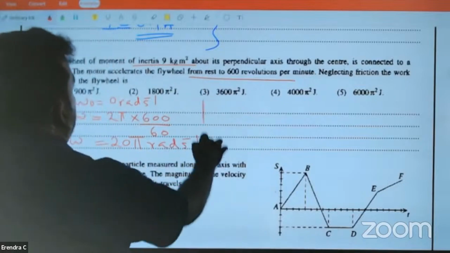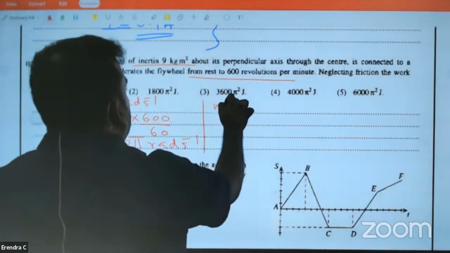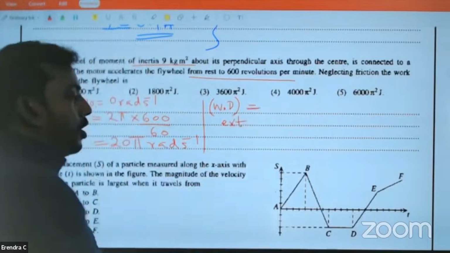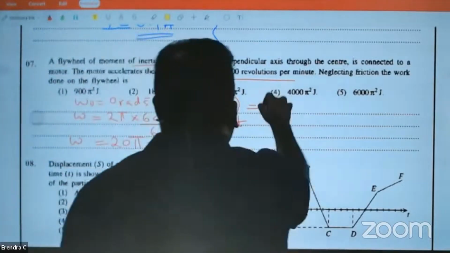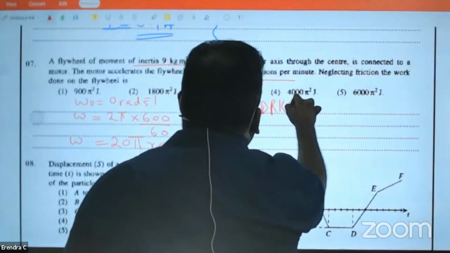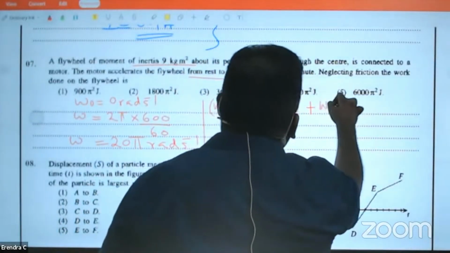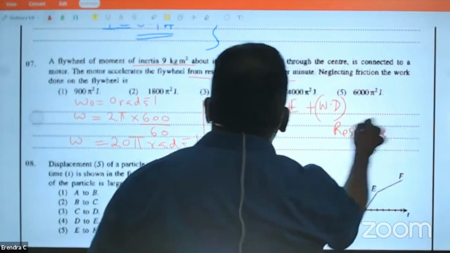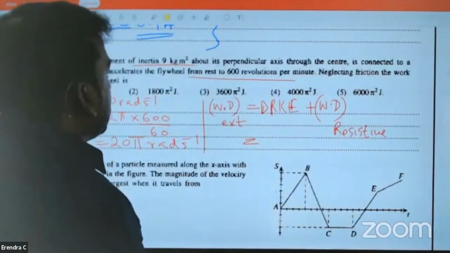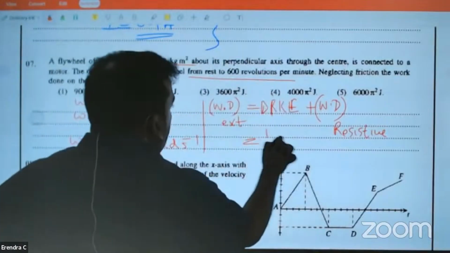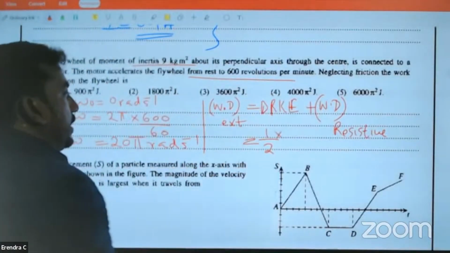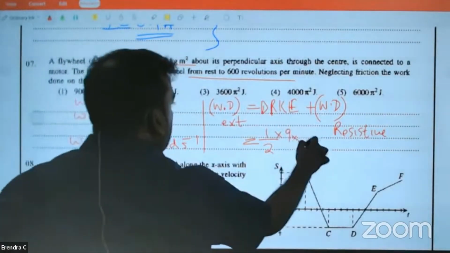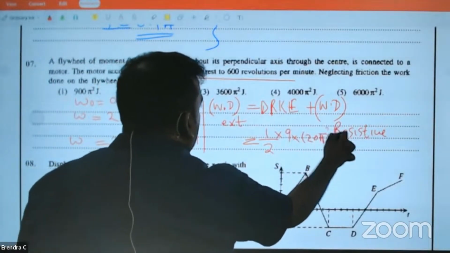Now apply work energy principle. Work done by external forces or external torques equals increase in rotational kinetic energy plus work done by resistive torques. Increase in rotational kinetic energy is final rotational kinetic energy, half I omega squared, don't forget, 20 pi squared, minus initial.